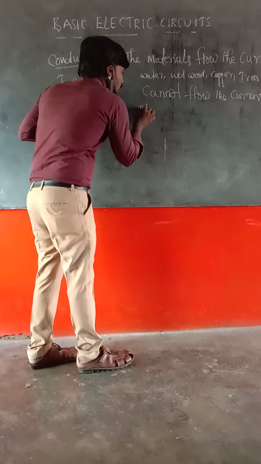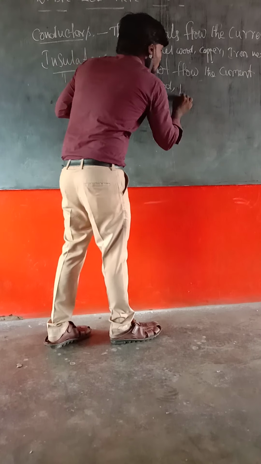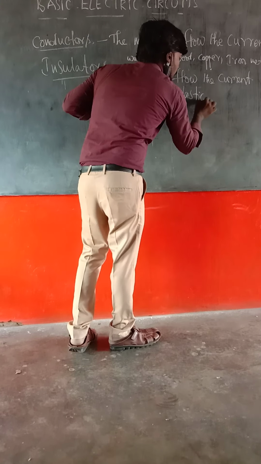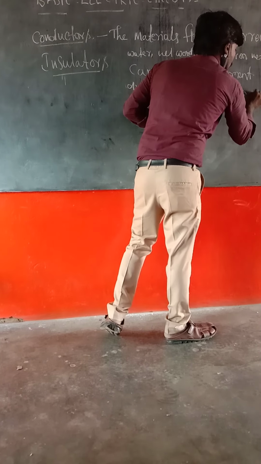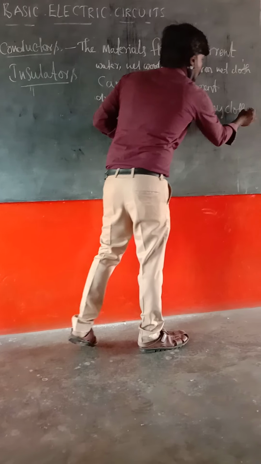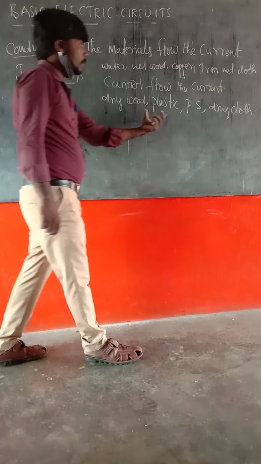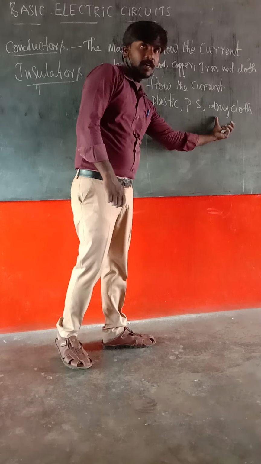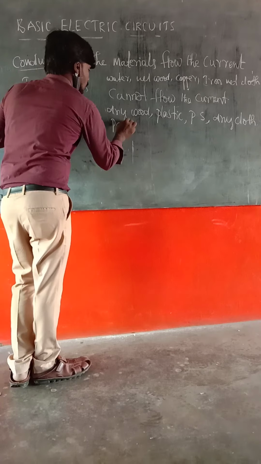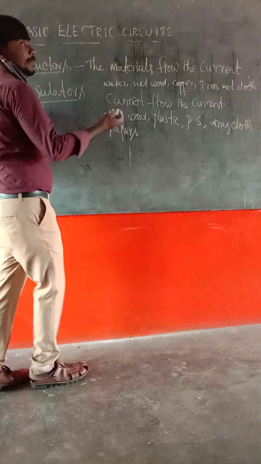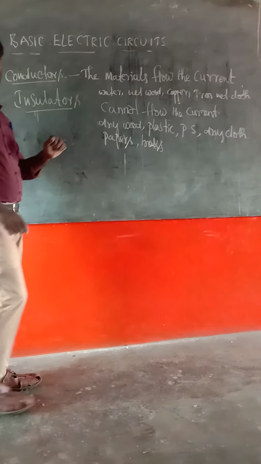Suppose dry wood, plastic scale, dry cloth, wood, papers, and books. So many examples are there.